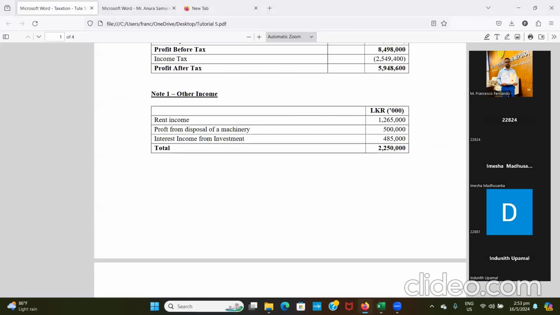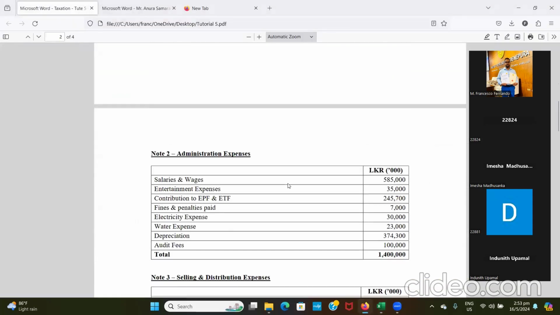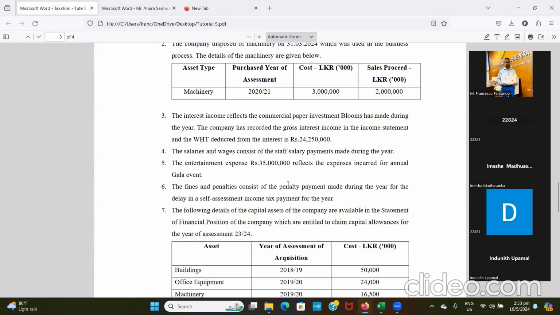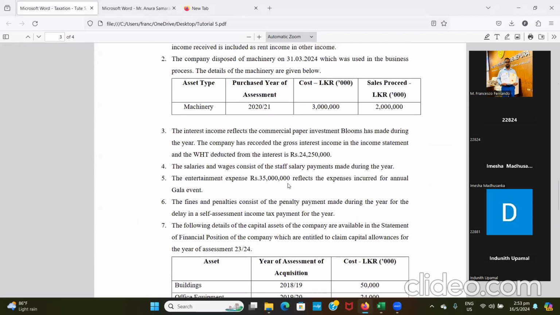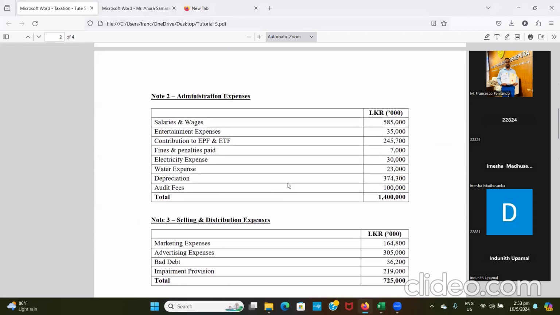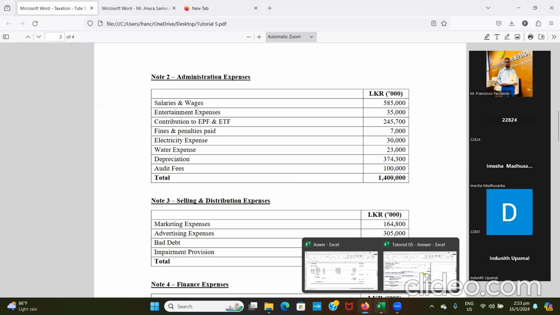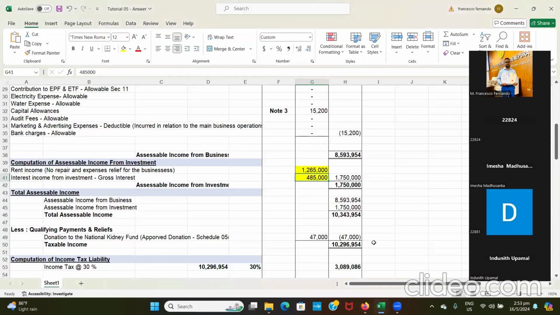And then if I move to the next adjustment, which is number 4, the salary and wages consist of staff salary payment. So salary can be either in selling or administration expenses. So 585 is the salary. So there is no issue, right, with regard to salary.